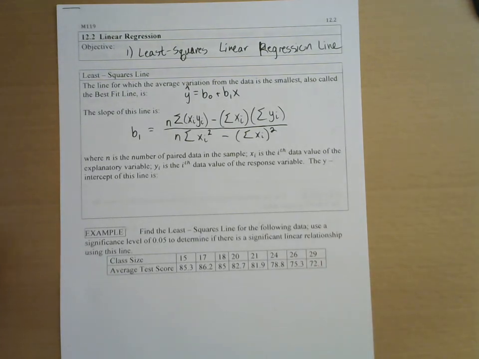So this should look semi-familiar. This does take a part of that Pearson correlation coefficient r that we were calculating in 12.1, and it's doing that to ensure best fit. That's why it's called the best fit line.